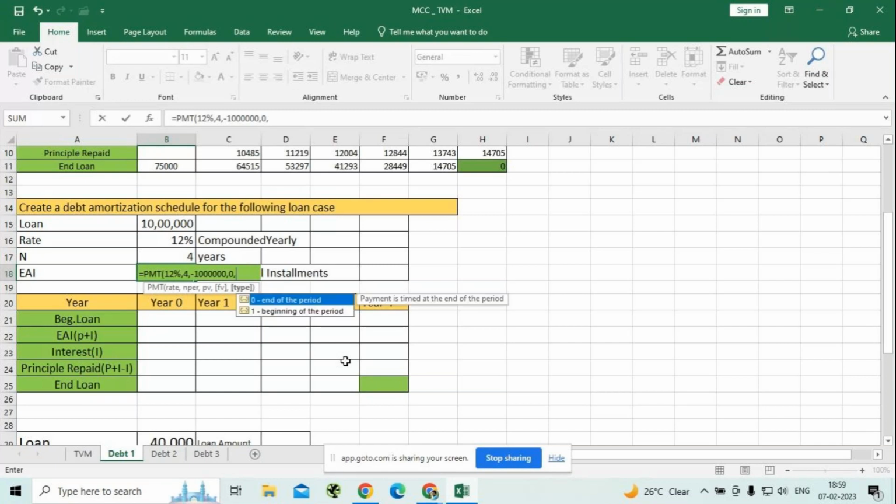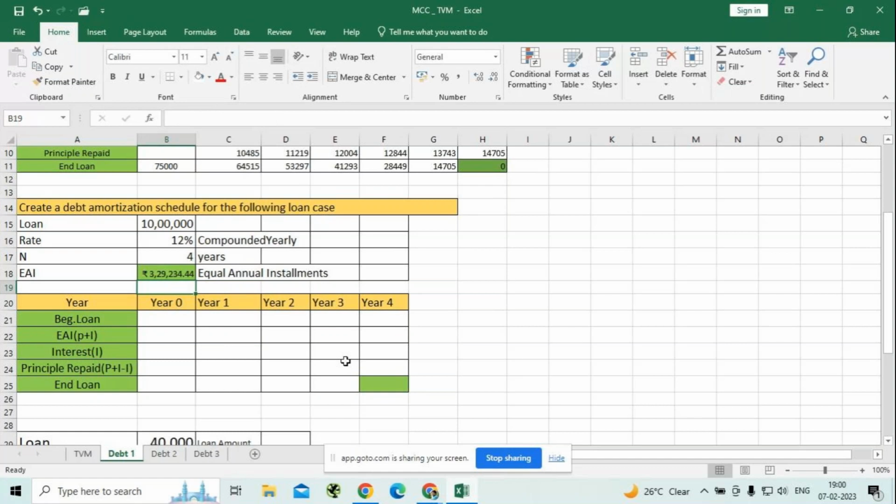Yes, sir. Okay, so I calculated this because if I don't put a minus symbol for the EMI calculation, the value will be negative. When I use that negative balance over here, it will have a negative calculation in all the table. Then it will be a problem. So in year zero, I don't put any of this value.